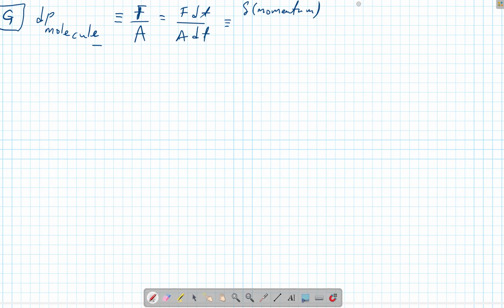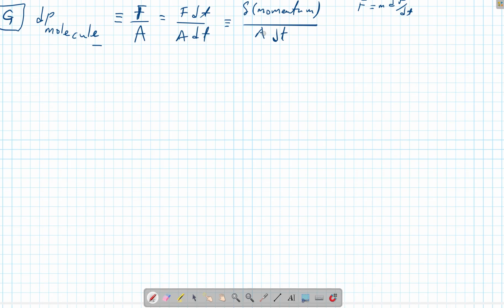Remember, F is m dv by dt, so if m is constant, I can write force as the change in momentum with respect to time, right? Or F times dt is going to be a change in momentum. This change in momentum happens because the molecule comes with a specific velocity.